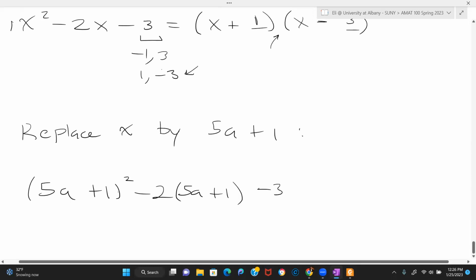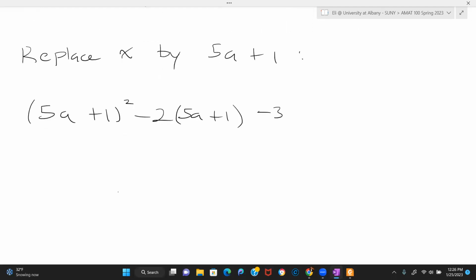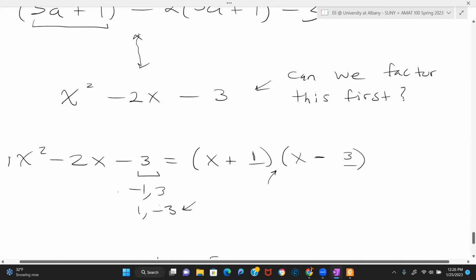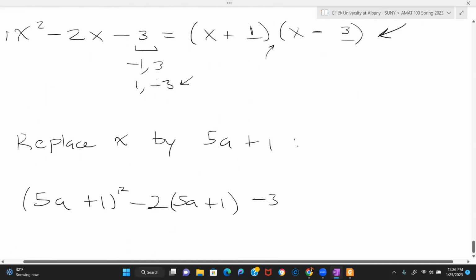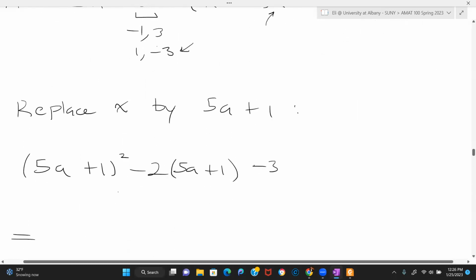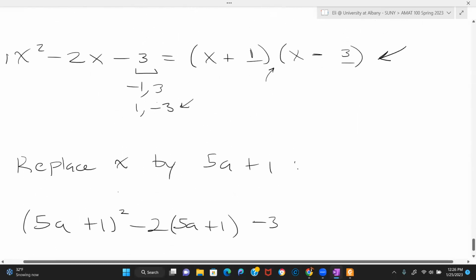So this factors as follows. I'm going to write it on the second line. According to this work right here, we replace this x by 5a plus 1 and this x by 5a plus 1.